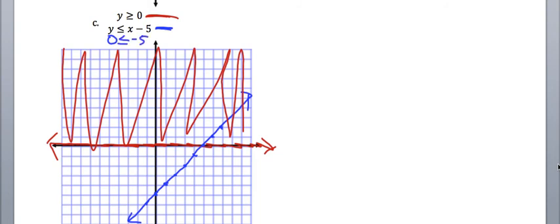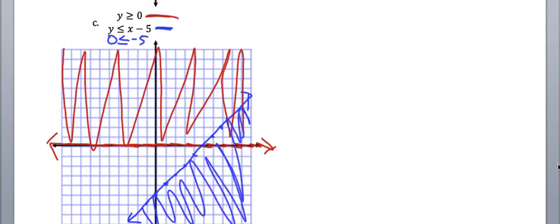That's false, so we want to shade below the line because that's away from 0, 0. And I think we can see the region where those overlap. It's this nice little triangle region right in here.